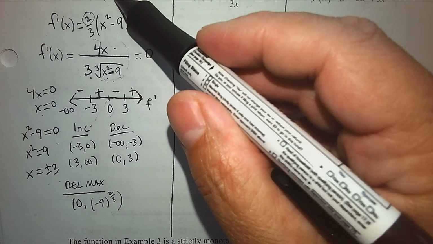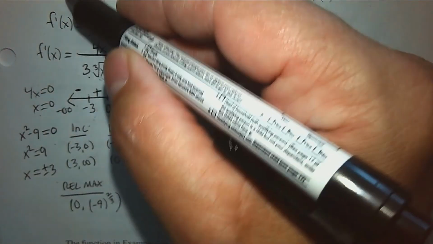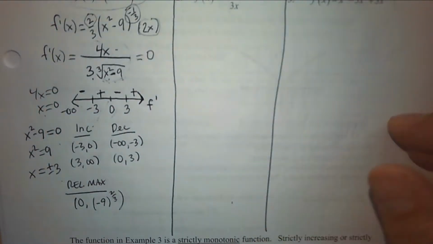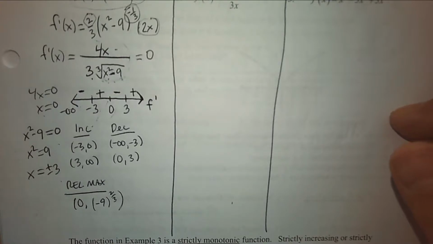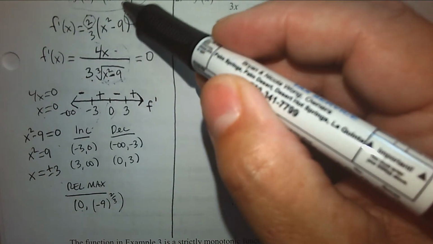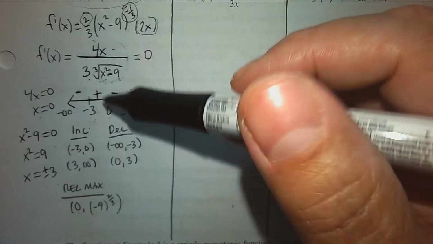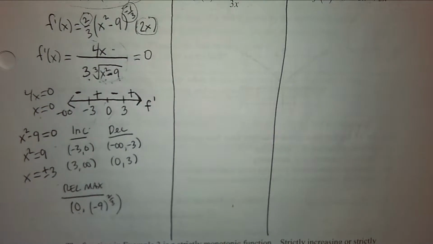When you plug in 0, 0 squared is 0, and 0 take away 9 is negative 9. I'm finding a point on the function, not plugging into the derivative. Is there a number that times itself three times equals 9? No, so you leave it irrational with a fractional exponent.